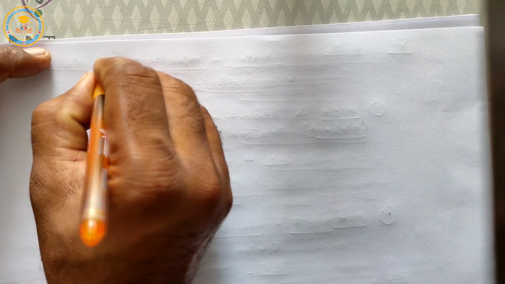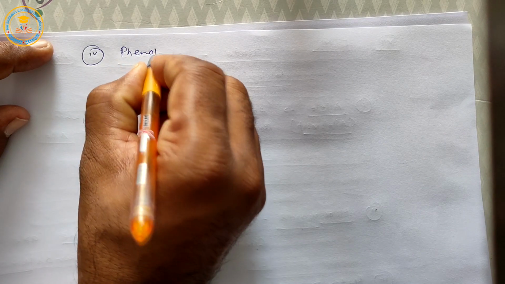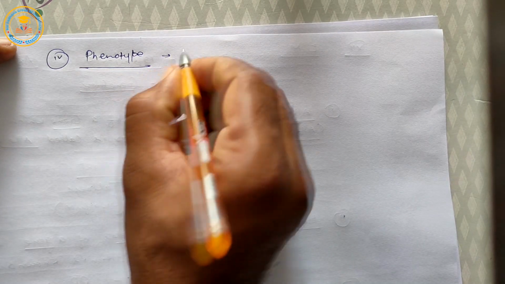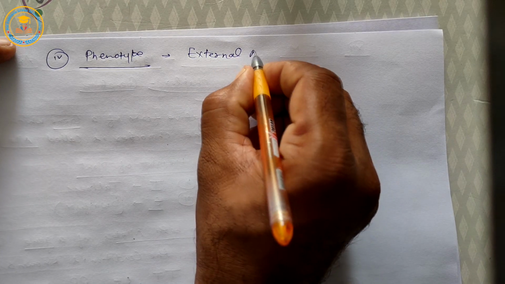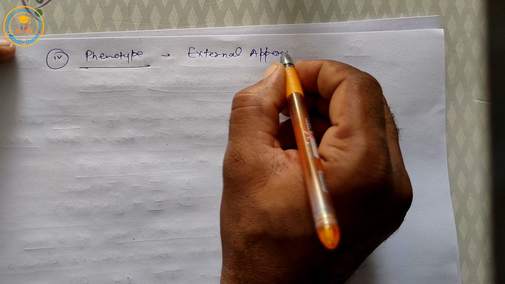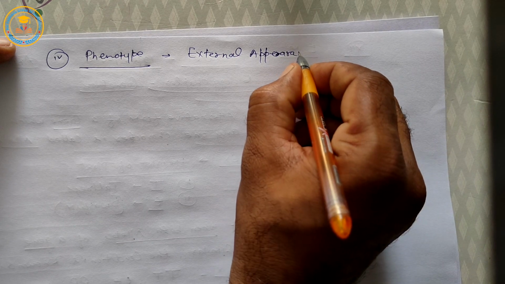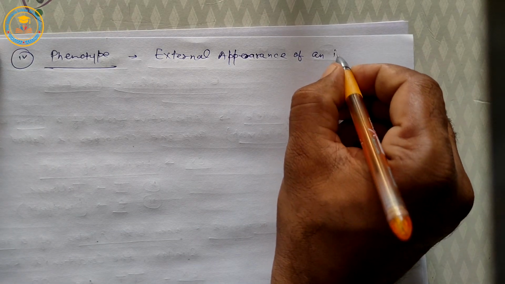Next specific terminology of genetics is phenotype. It means morphology. Phenotype means the external appearance of an individual.